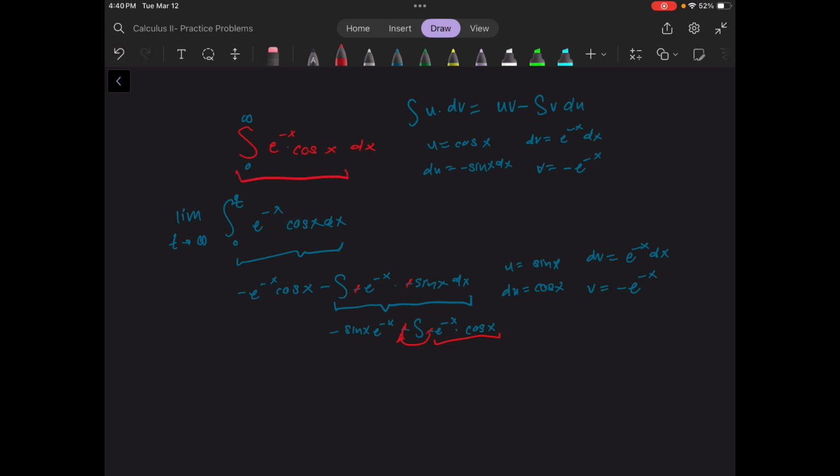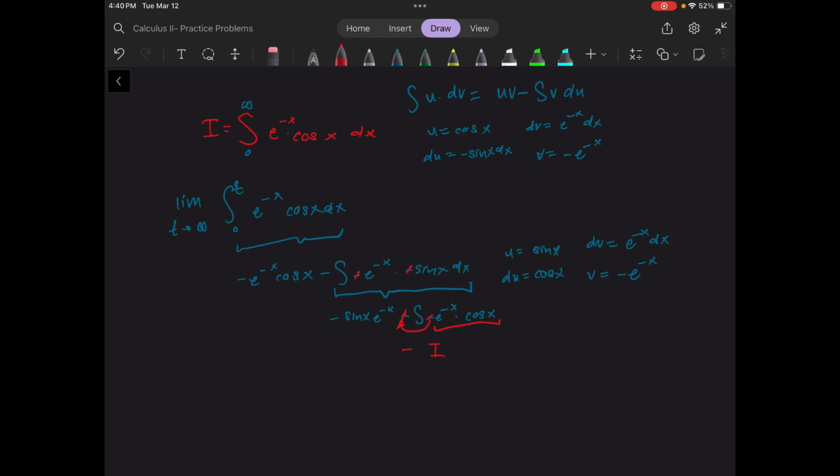If we just call this integral I, then we could say that we're subtracting I. But I don't want to lose track of my negatives because we are subtracting this integral, and that integral turned into all of this. So I do not want to lose track of my negatives. Let's see, I turns into this. And then what we have is I equals negative e to the negative x cosine x.